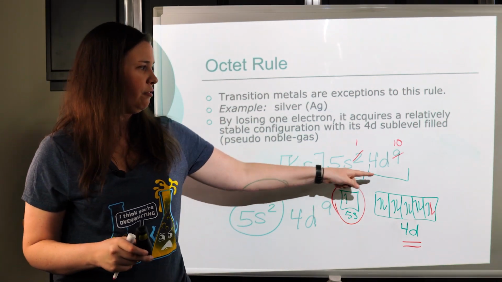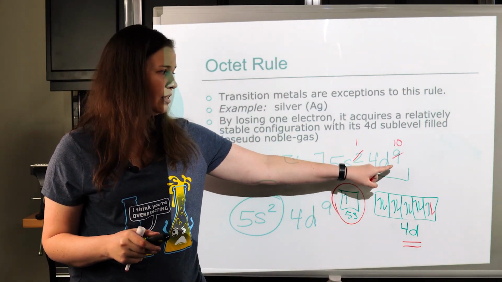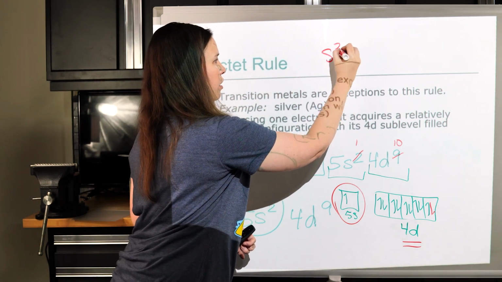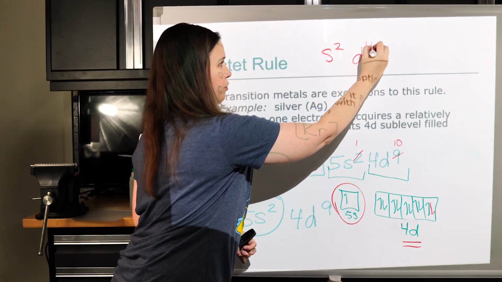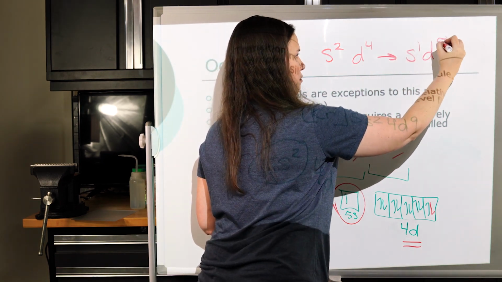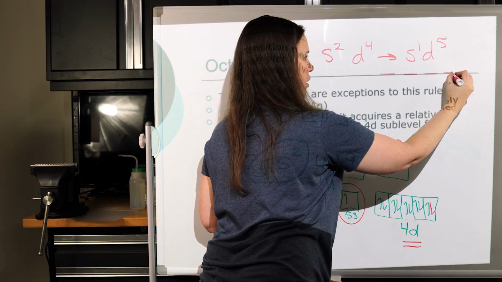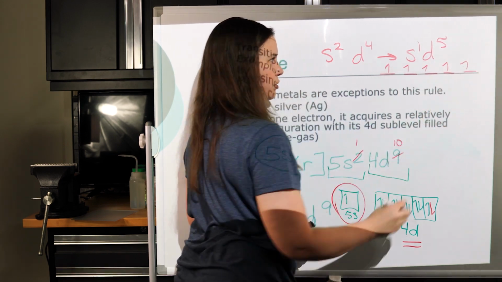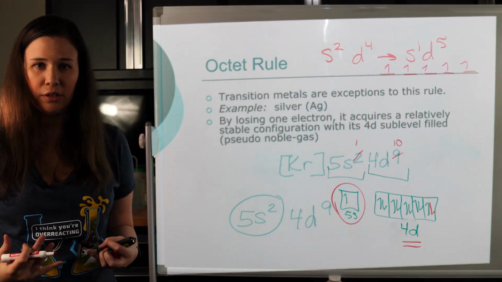So this will happen for any transition metal that ends in the number 9. It will actually also happen if you have S2, D4, that will become S1, D5, because my 5 orbitals, being exactly half full, also has a certain stability to it.